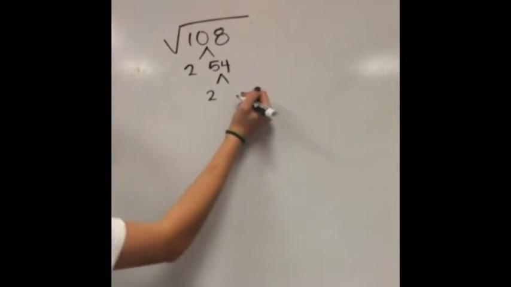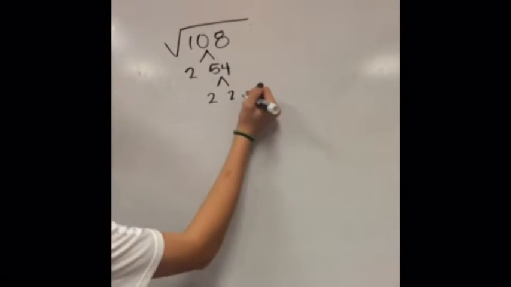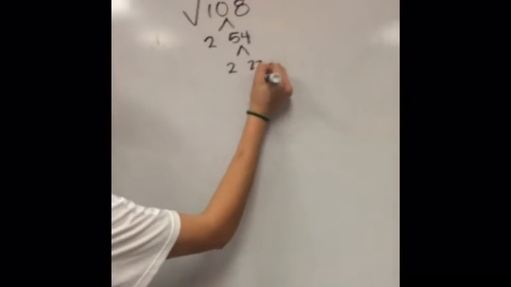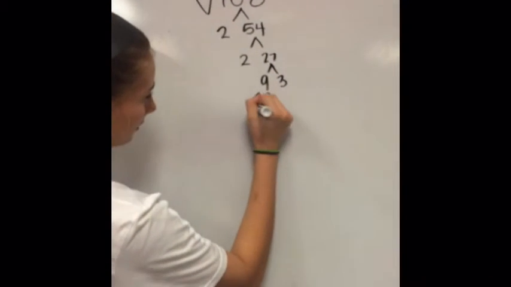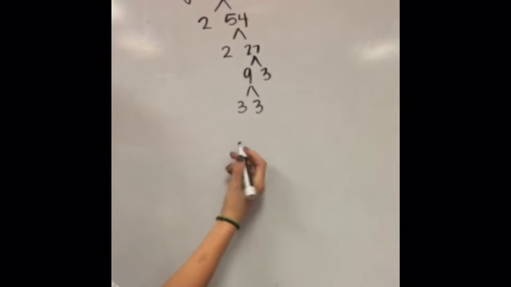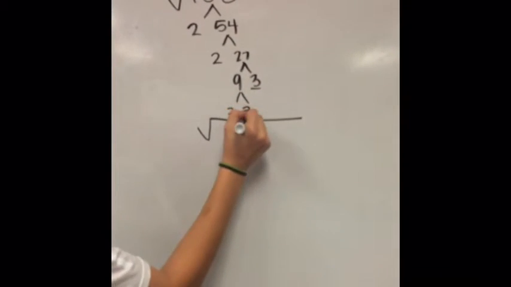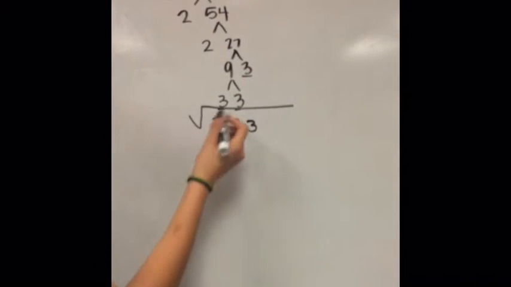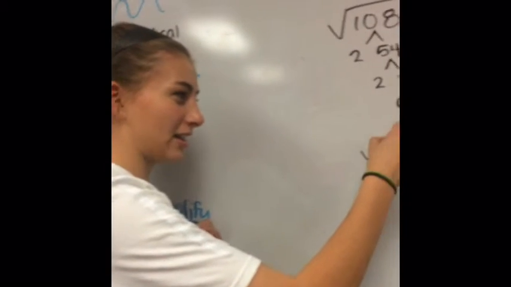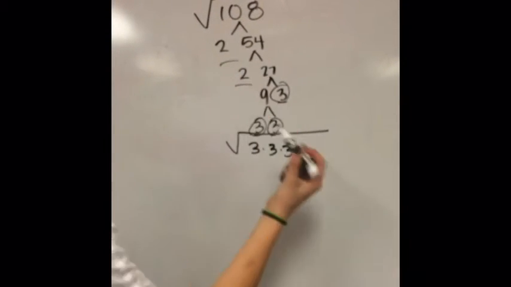And then you could multiply by 2 again, and then you multiply that by 9 times 3, and you bring that down, and you would have 3 3s. And since these cannot be factored, you just leave them there, and 2 2s.